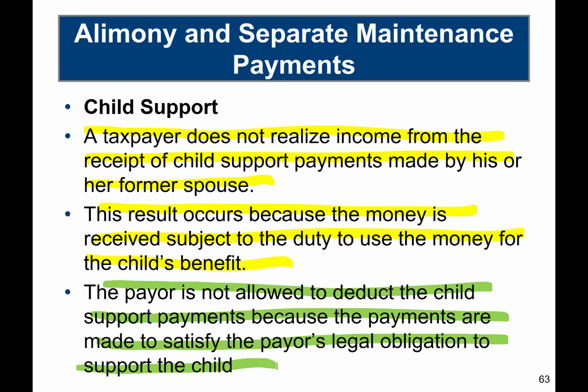So those are not going to be alimony. They're not considered alimony. They're not going to be deductible. They're also not income to the child or to the spouse, right? Because it's just money that's being paid for the benefit of the child.